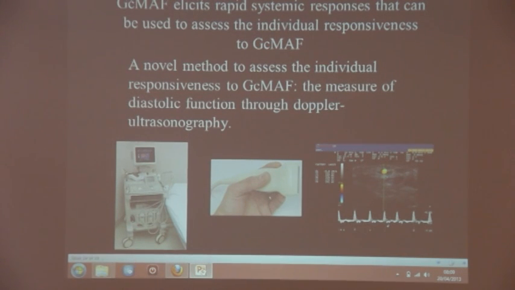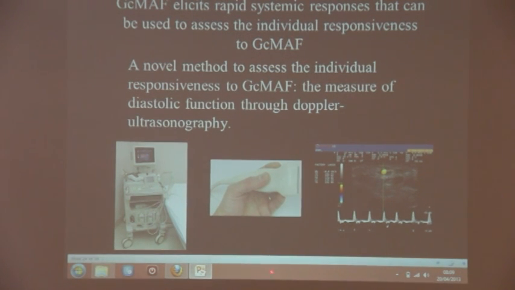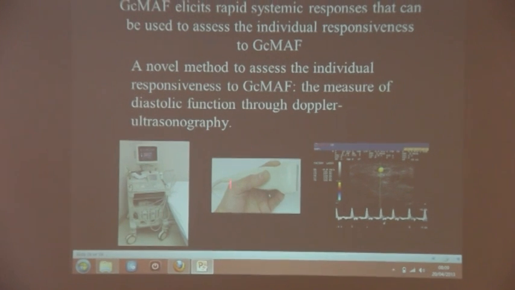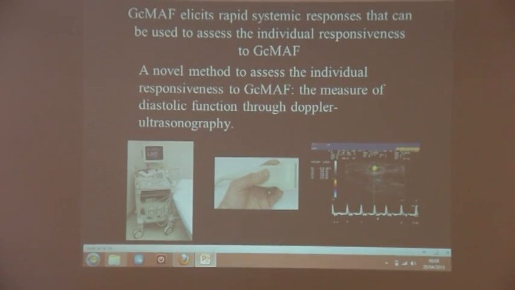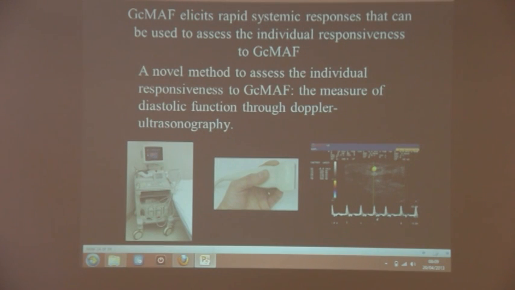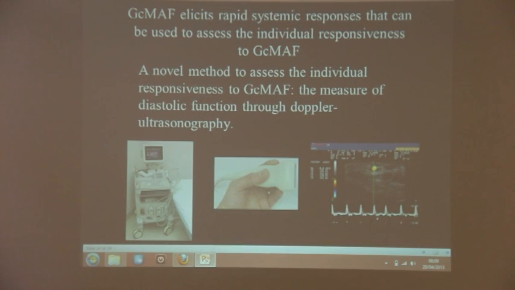And then the reason for the ultrasound machine to be there is that about 2 years ago we discovered that Gcmaf, in addition to these so-called genomic effects, because they imply transcription or inhibition of transcription of genes, also elicits rapid non-genomic responses through the VDR and cyclic AMP that can be measured in real time in individuals assuming Gcmaf, either as an injection or sublingual or other routes of administration.